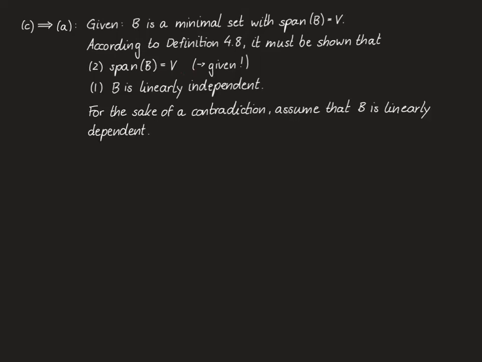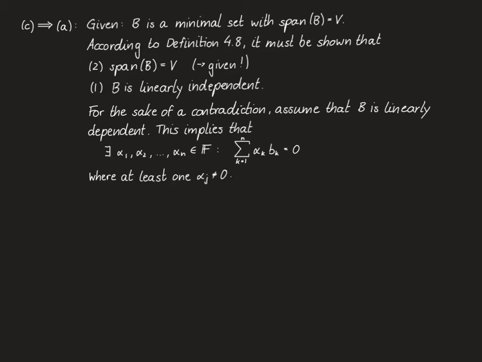So for the sake of a contradiction, assume that B is linearly dependent. This means that there exist scalars alpha 1, alpha 2 to alpha n in the field such that the sum over all k from 1 to n of alpha k b k is equal to 0, where at least one of the scalars alpha j is non-zero.